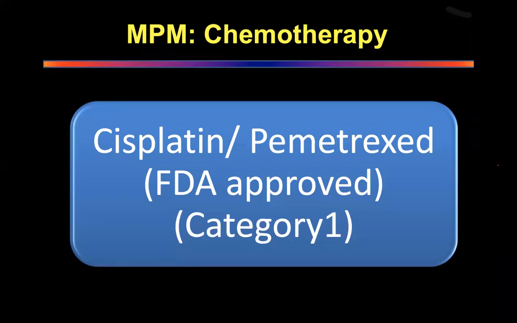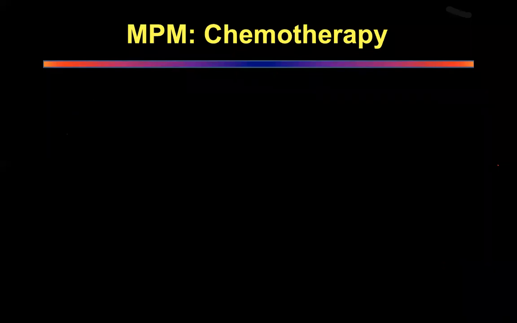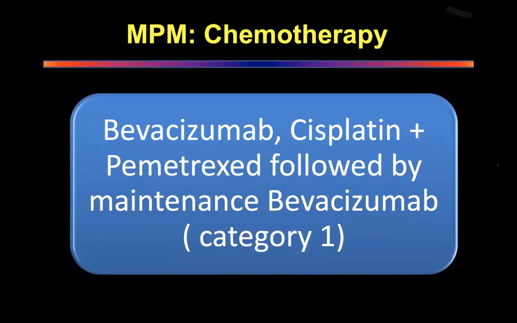That's the first FDA approved study. Very clear cut. It's got good benefits for the patient. So the name is cisplatinum pemetrexed. The other things which have been mentioned in the guidelines are bevacizumab with cisplatinum plus pemetrexed, followed by maintenance bevacizumab.